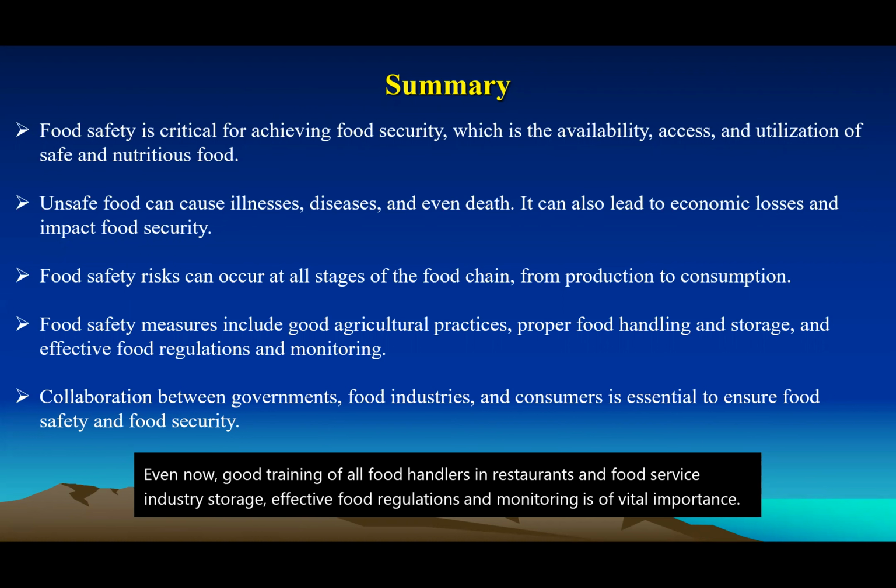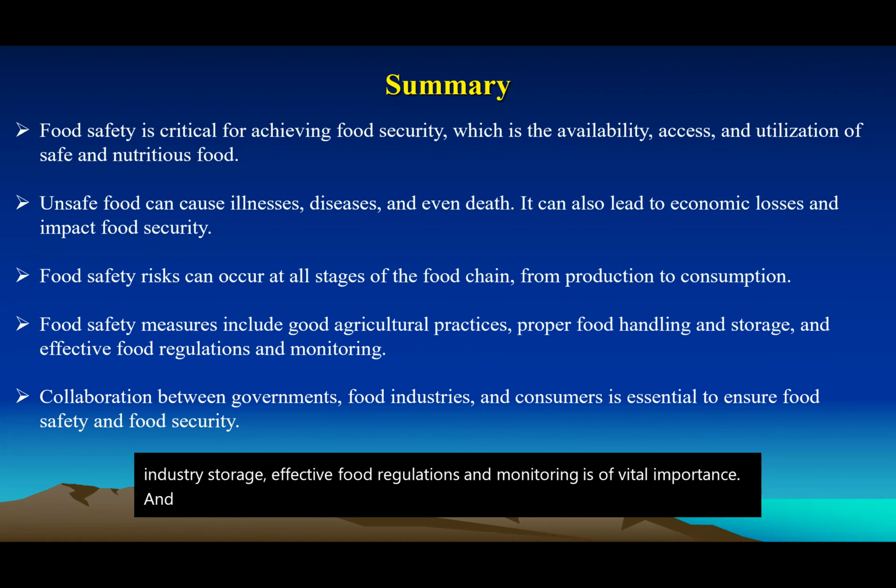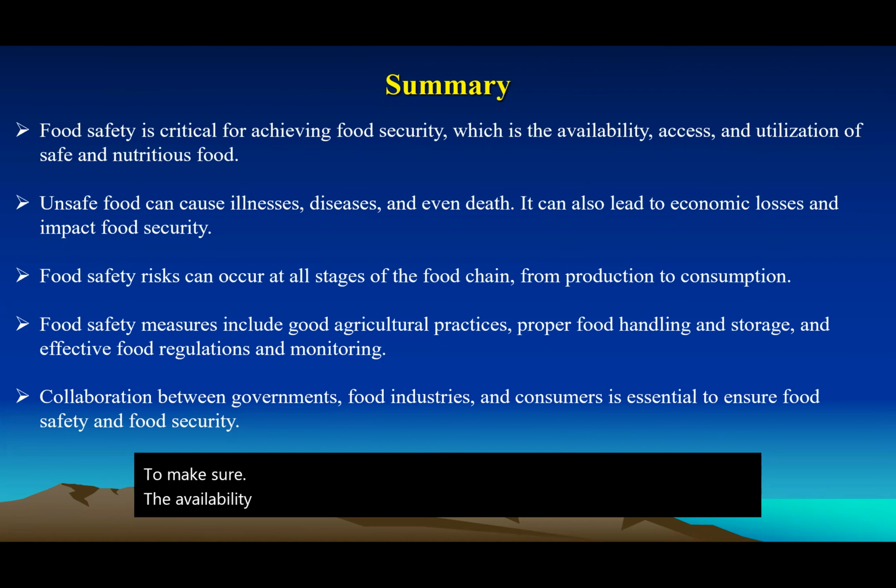And this can be made possible only with powerful collaborations between governments, food industries, and consumers, to make sure the availability of safe food is met for every human being.